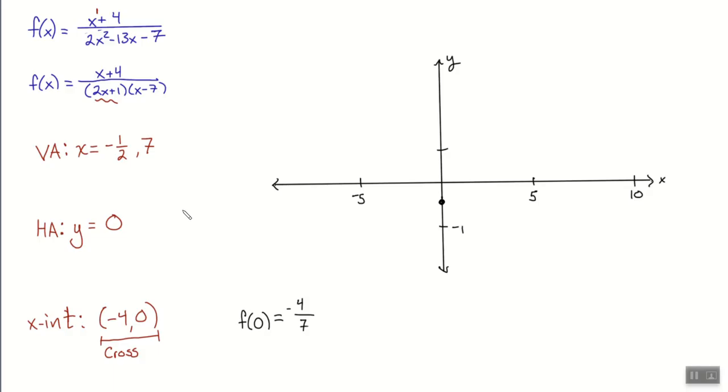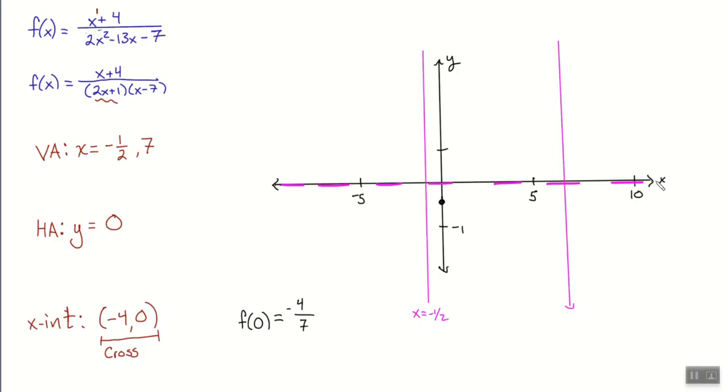I'm going to put the asymptotes on. So let's see, negative 1/2. Would you believe it if I said it's here? It's not perfect, but x equals negative 1/2. Where else do I need a vertical asymptote? At 7, it's all the way over here. Okay, I also have a horizontal asymptote, and I hate these ones when they're here. I'm going to put it on the axis just as a dashed line.